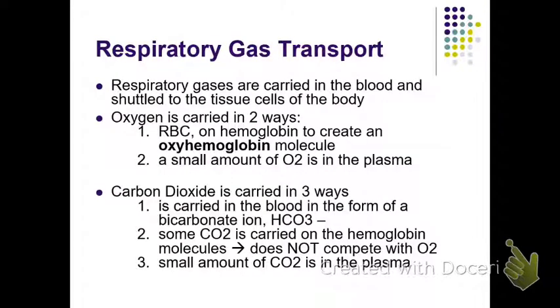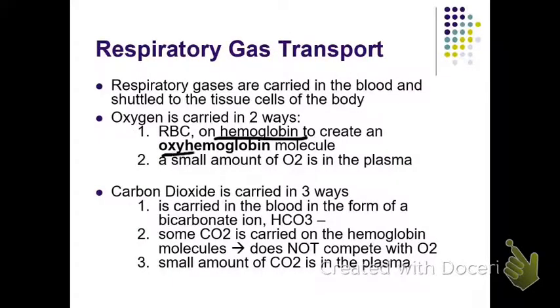Finally, we have respiratory gas transport, which allows for the gases to be carried in the blood and shuttled to the tissue cells of the body. And oxygen is carried in two ways. It is carried on this molecule called hemoglobin. And hemoglobin is able to create oxyhemoglobin.